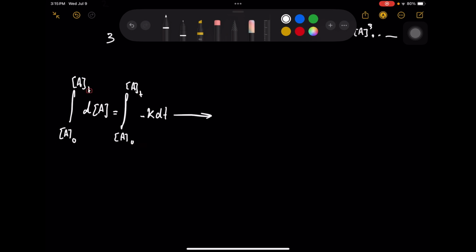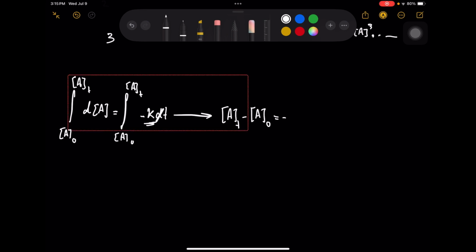So it will be concentration of A at t minus concentration of A at 0 equals, the d cancels out with the integral, so it's just negative k t.